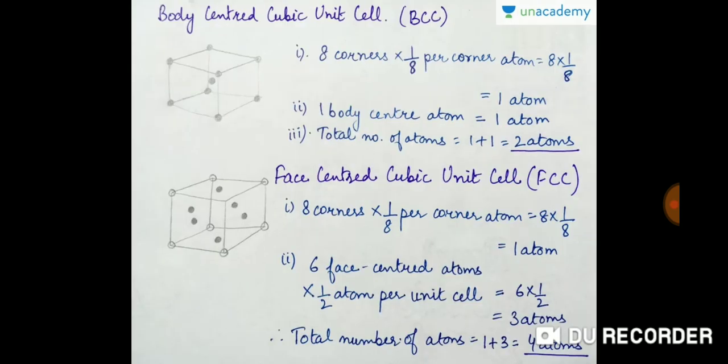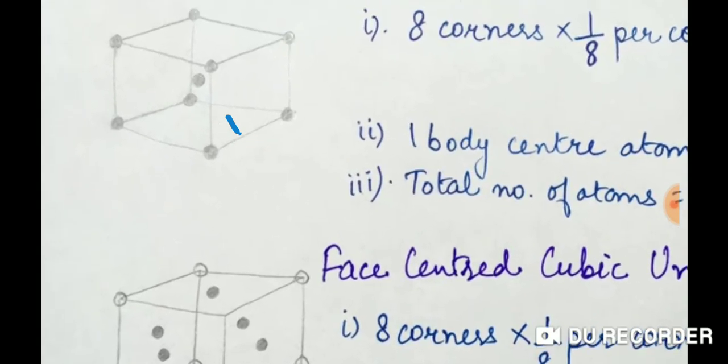Similarly, we calculate it for the body-centered cubic unit cell. Now, in a body-centered cubic unit cell, in addition to the atoms present at the corners, we also have one atom present at the center of this cube.